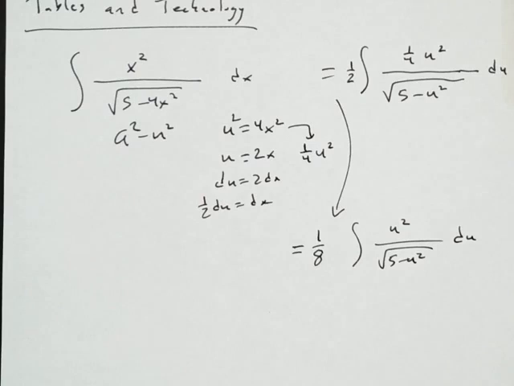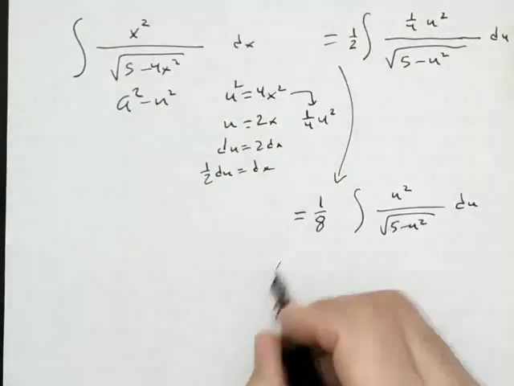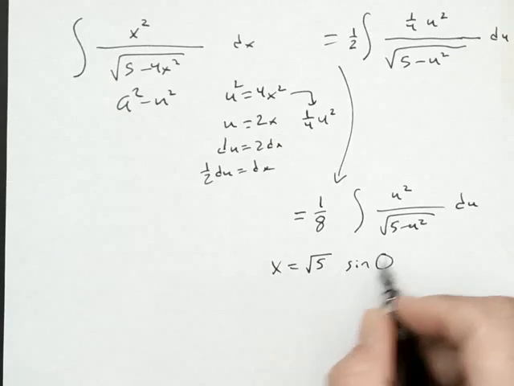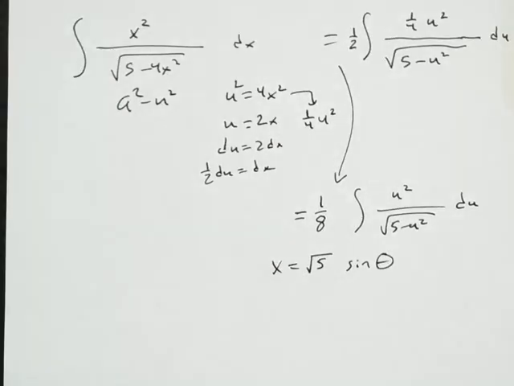We know what trig substitution to do. Advantage number 1, I have a formula sheet that tells me whether I should use sine or secant. A squared minus x squared is sine. X squared minus a squared is secant. So this should be sine, which means my next step is to say x is root 5 sine theta.